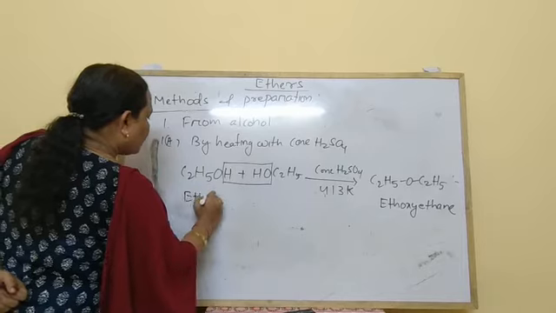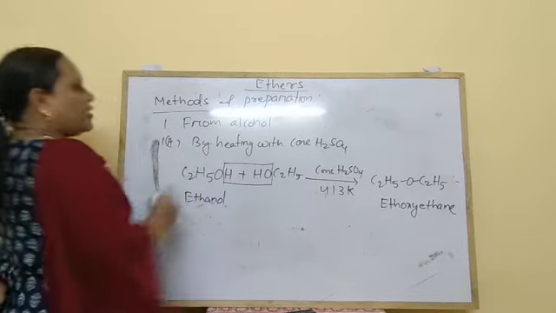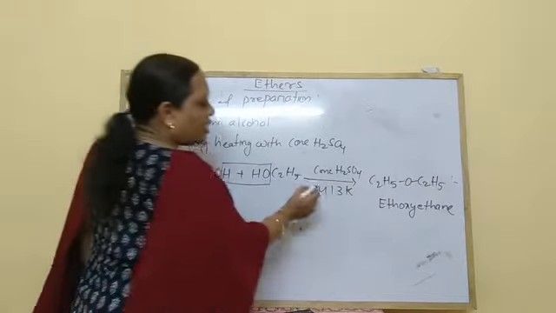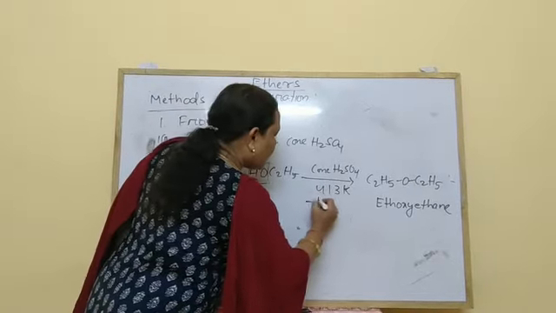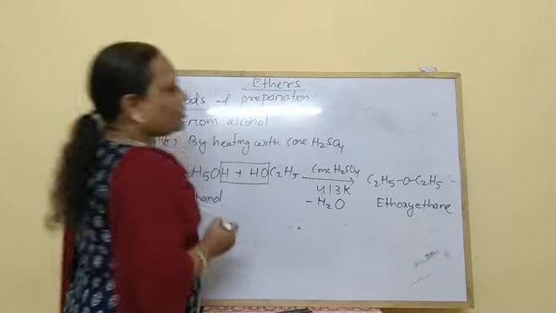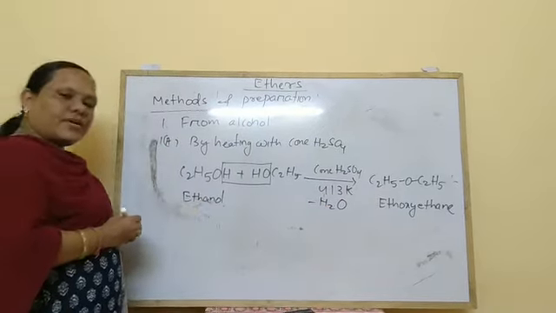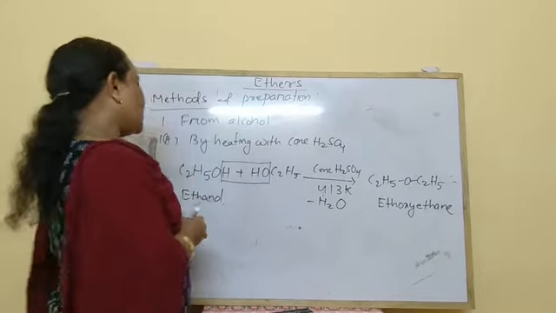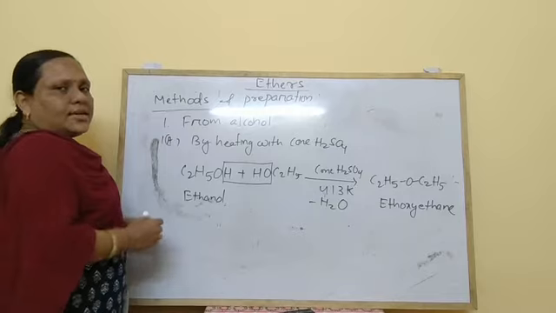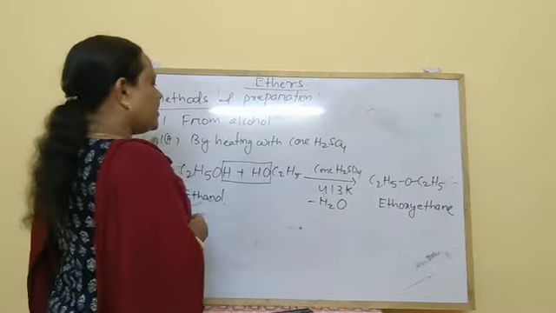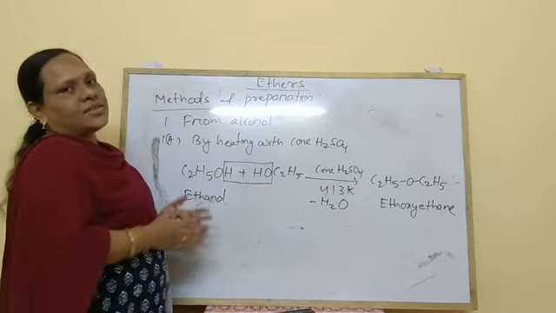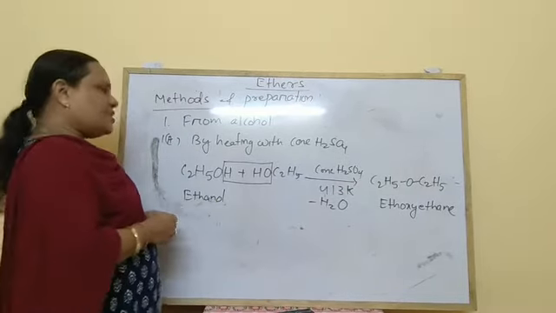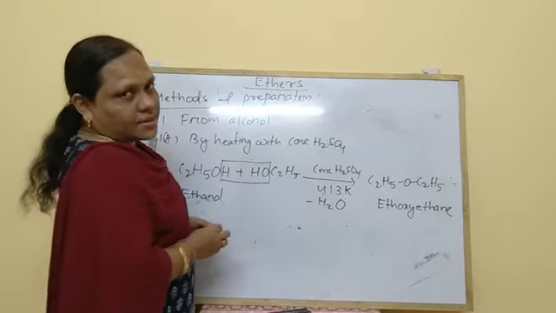Again I repeat, when ethanol is heated with concentrated sulfuric acid at 413 Kelvin, elimination of a water molecule takes place and it forms an ether, that is ethoxyethane. But there is one limitation in this method, that is only symmetrical ether can be prepared by this method. Unsymmetrical or mixed ether cannot be prepared by this method.